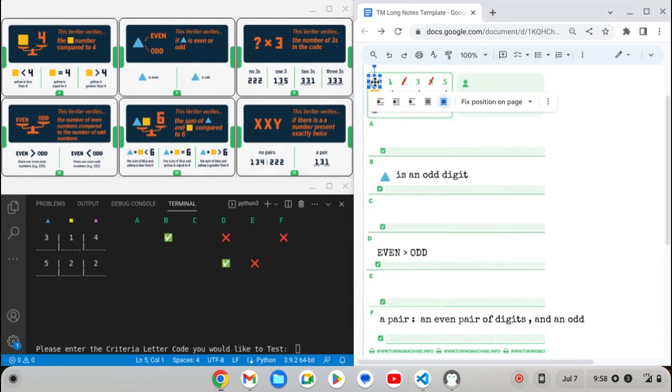And that was for criteria E. So I'm going to deduce that triangle plus square is less than 6.